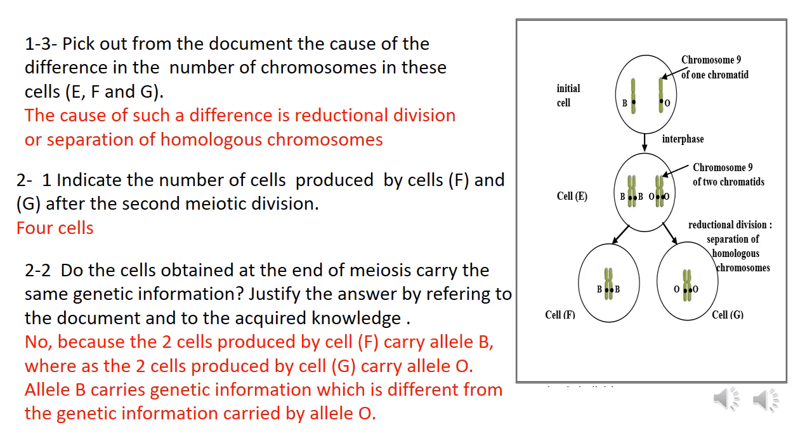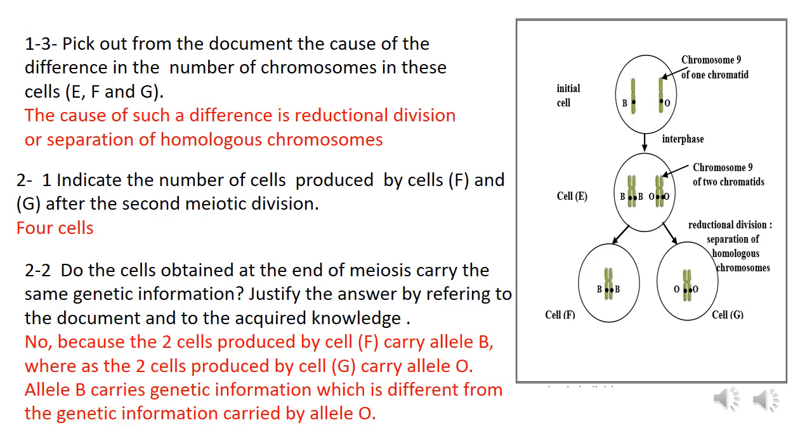Each of them is going to give 2 daughter cells. Then cell F gives 2 and cell G gives 2. So the result will be 4 cells. So always the outcome of meiosis is 4 daughter cells.